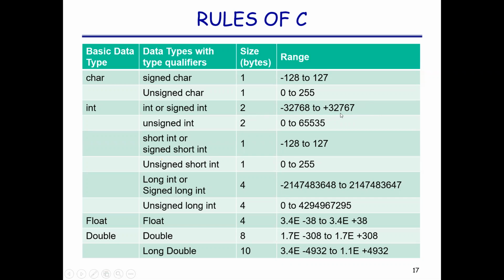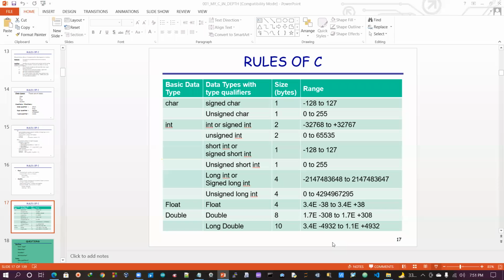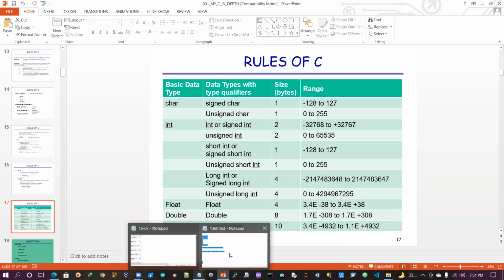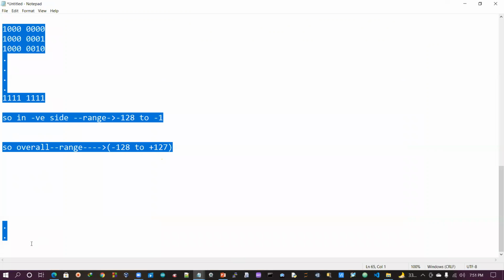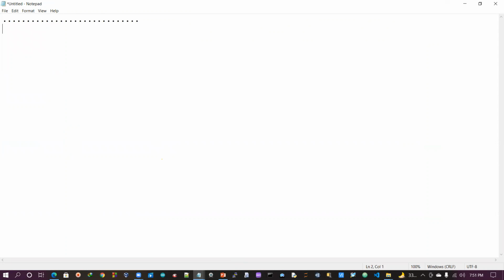Not getting? Very simple. Because in signed, one bit is reserved. So how many bits do you have in case of 2 bytes? 8 into 2, 16. Means total 15 bits you have for storing the data. Yes or no? You have to work hard, Kaushik. See here, I am dealing with 2 bytes.